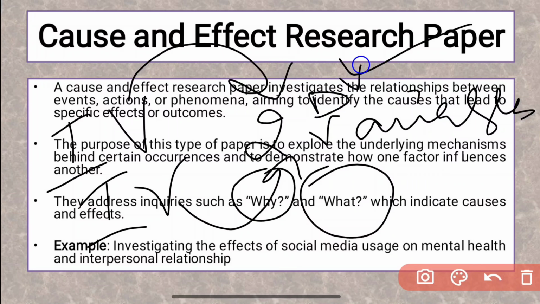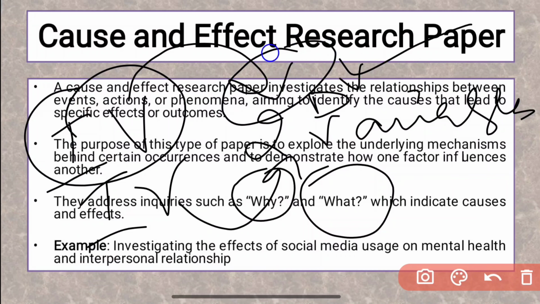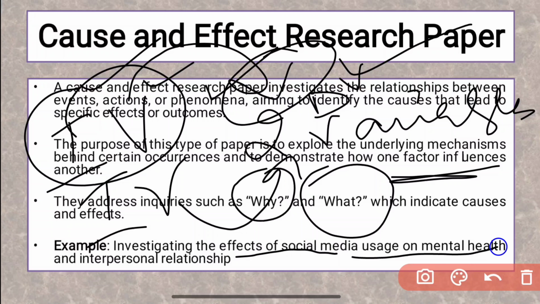We try to explore the relationship between two or more variables. It could be in terms of events, actions, phenomenon, or how one variable influences other variables, right? Example could be investigating the effects of social media usage on mental health and interpersonal relationships.